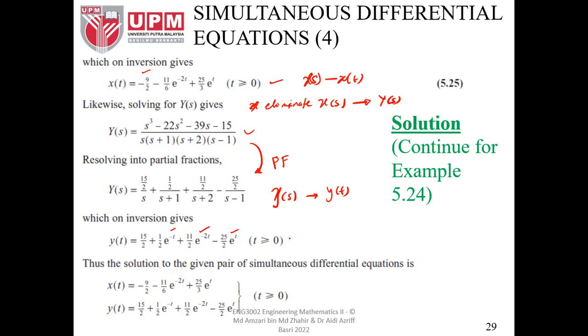So you will get a formula of y(t) here. With these two equations, the solution of the given pair of simultaneous differential equations is this one. This is your final equation of x(t), and this is your final equation of y(t).